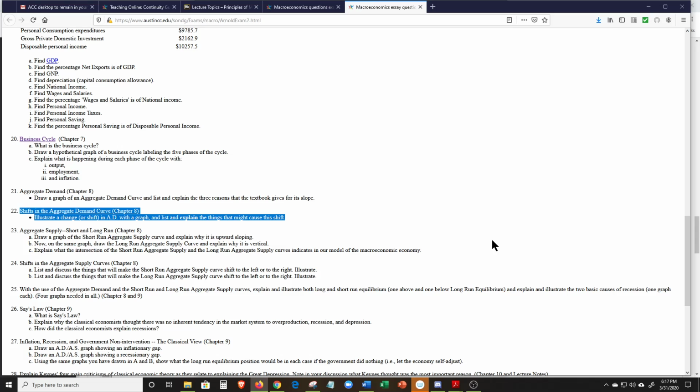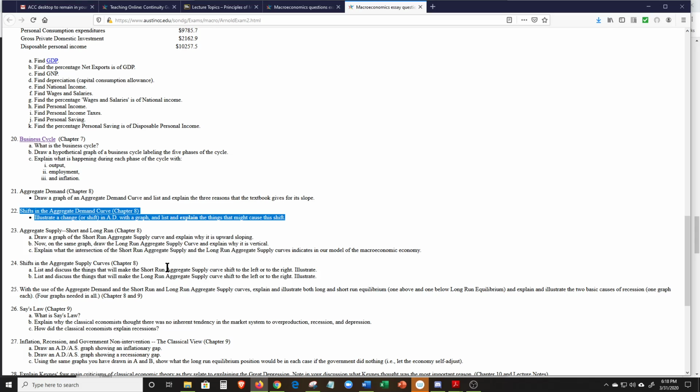And as far as shifts in supply go, we're not only seeing a huge decrease in demand as everyone is staying home and not buying as much as before, but we're going to see that the fact that they're not producing is going to shift the aggregate supply curve too, both of them to the left.